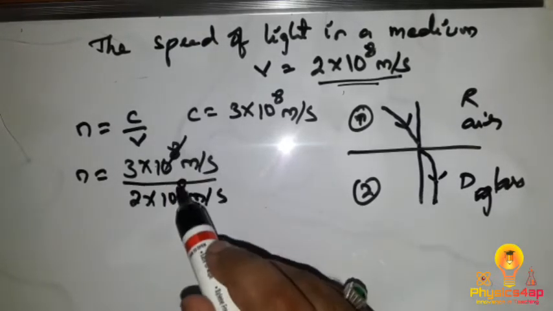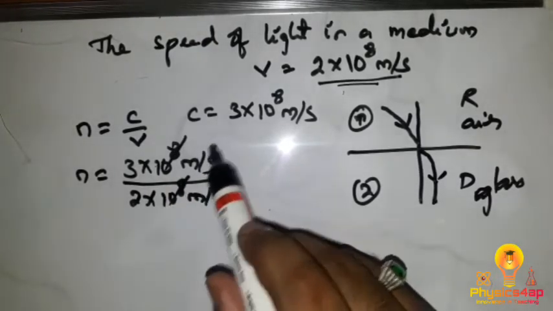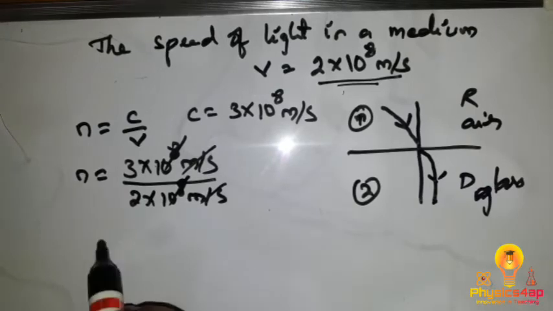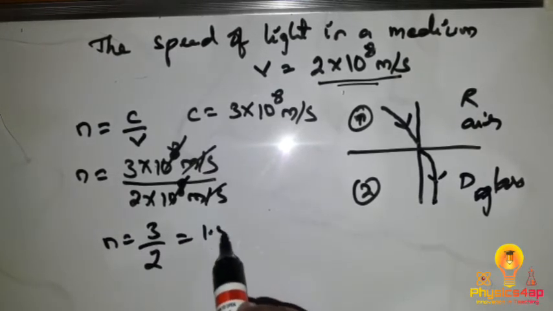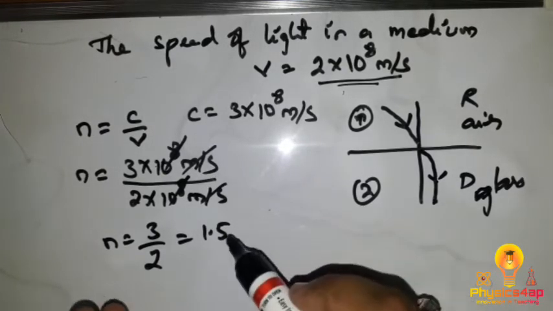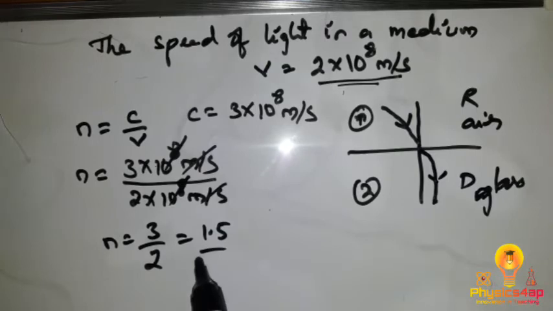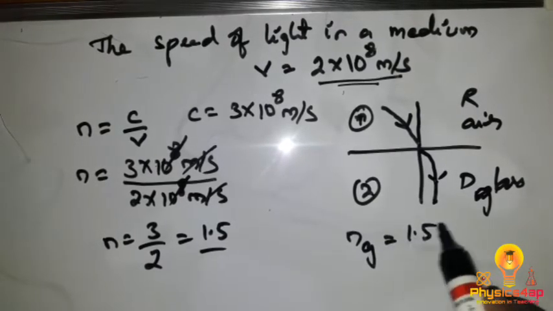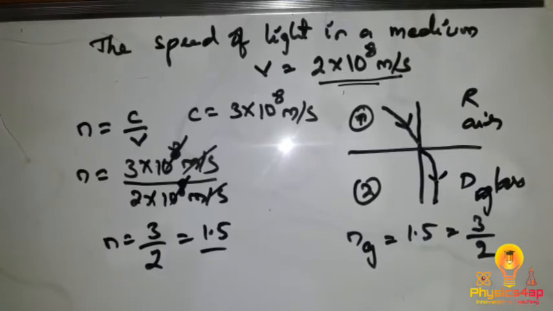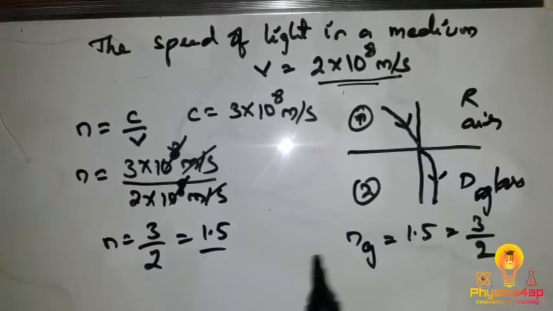So 10 power 8 cancels and meters per second cancels. So n equals 3 by 2, or it can be written as 1.5. As the units are cancelled, there are no units, so 1.5 is the refractive index of the glass, or it can be called 3 by 2.